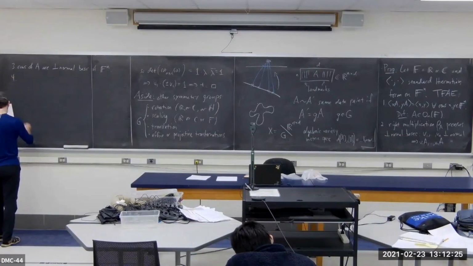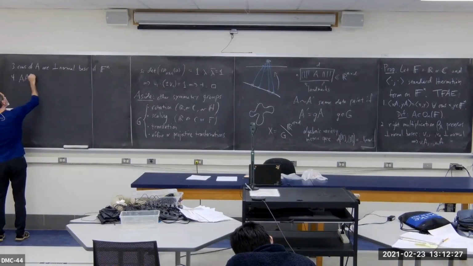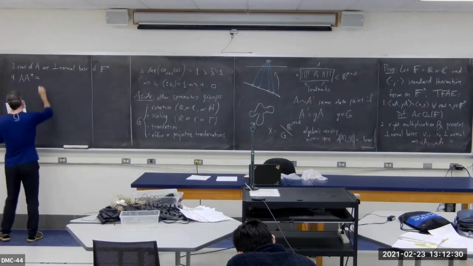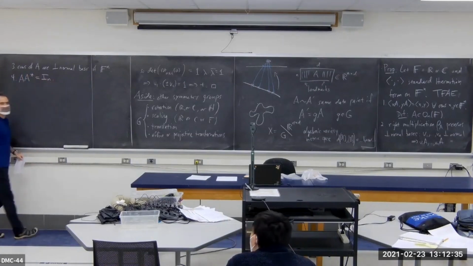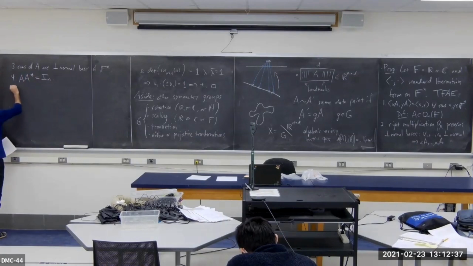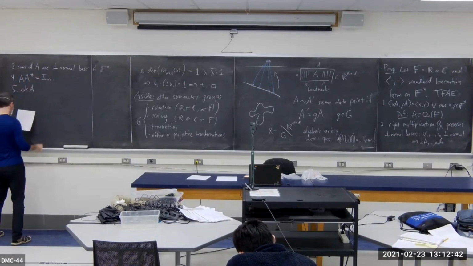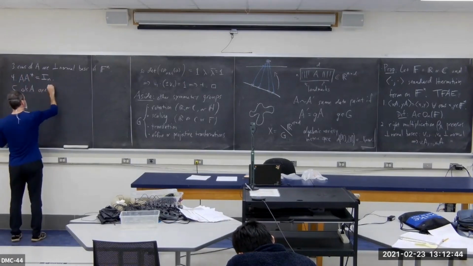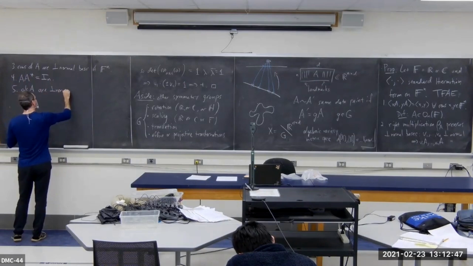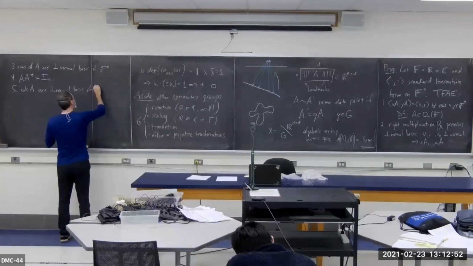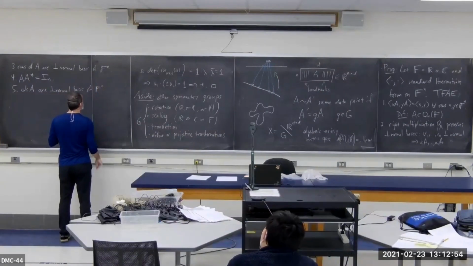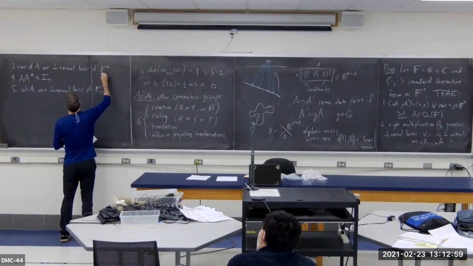Or 4. A A star is equal to the identity matrix. 5. The columns of A are an orthonormal basis of F to the n. I'll just call it, and I'll say row.